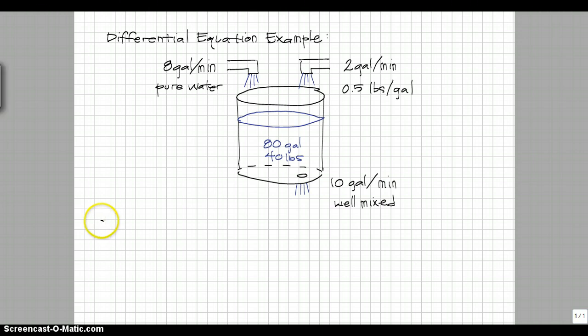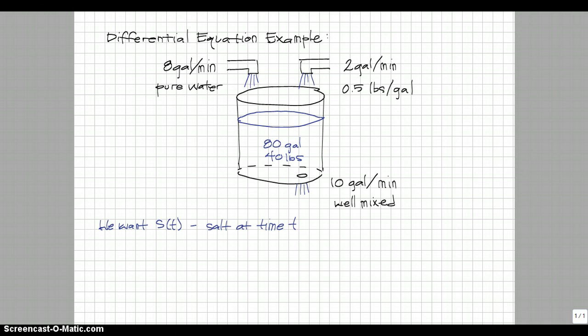So we're going to say we want s of t, salt at time t. And so our differential equation is going to need a derivative. It's going to need the rate of change in the salt.